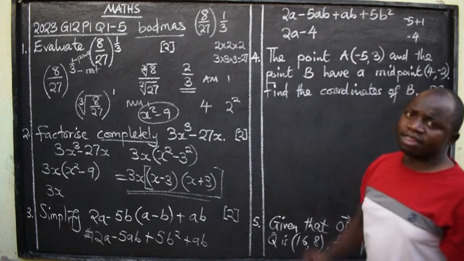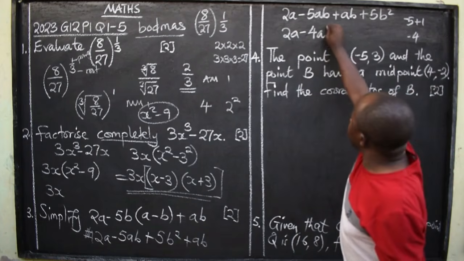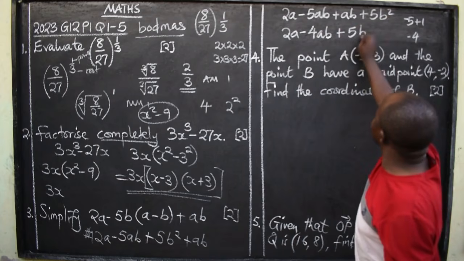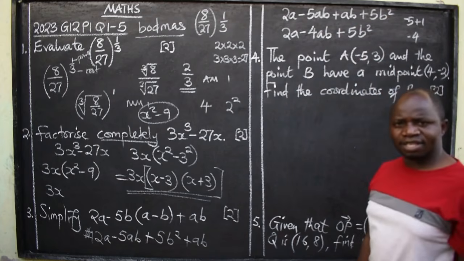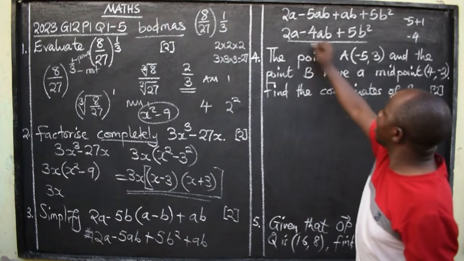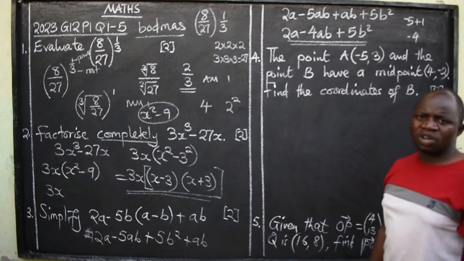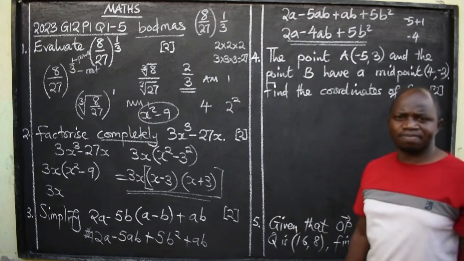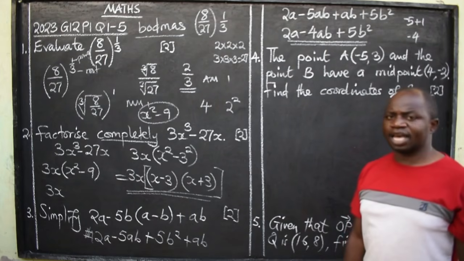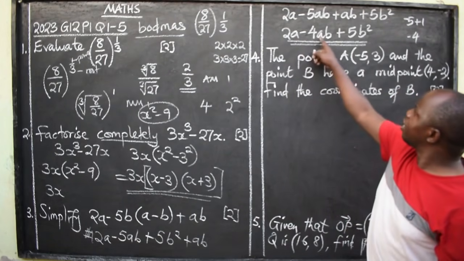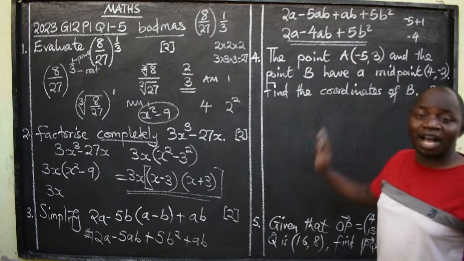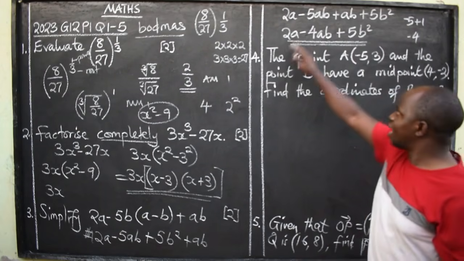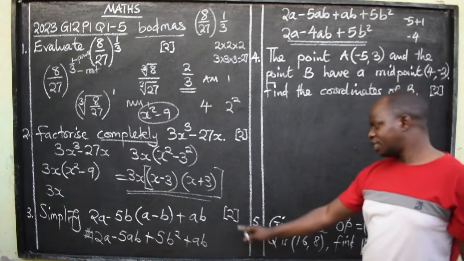But remember, the variables involved, it is then plus 10b squared. This is your 2a. Why? Because these 3 terms here cannot be combined. They are not like terms, here we have a, here we have b squared. Don't proceed. And there you get your full answer.